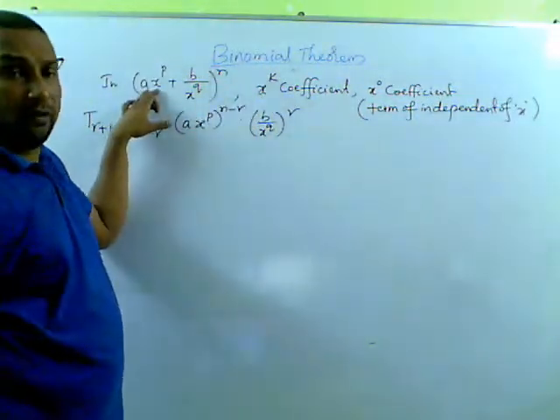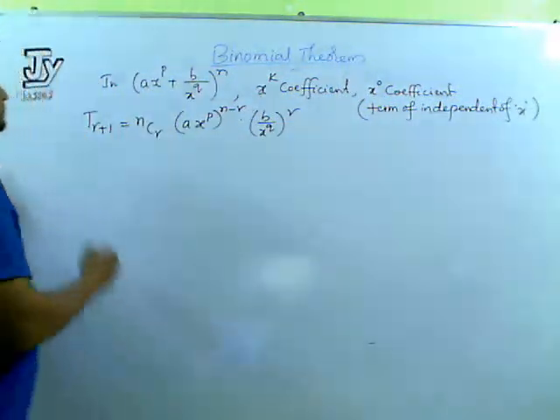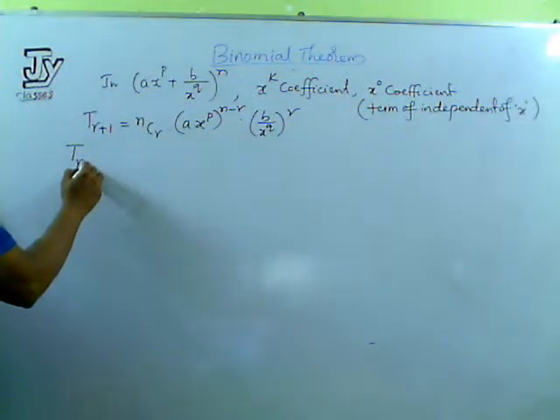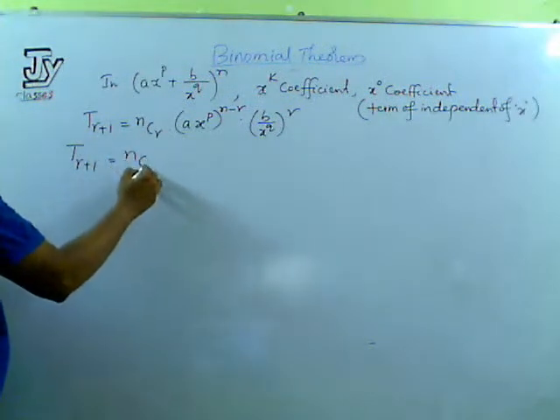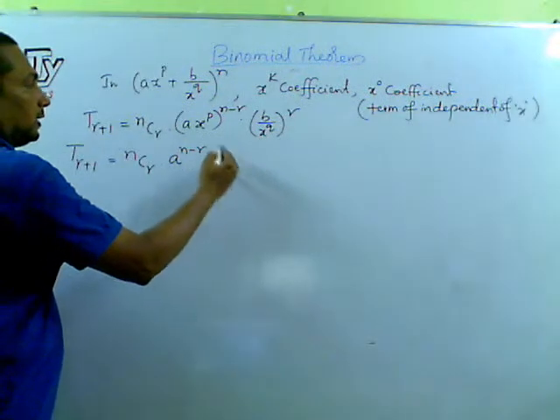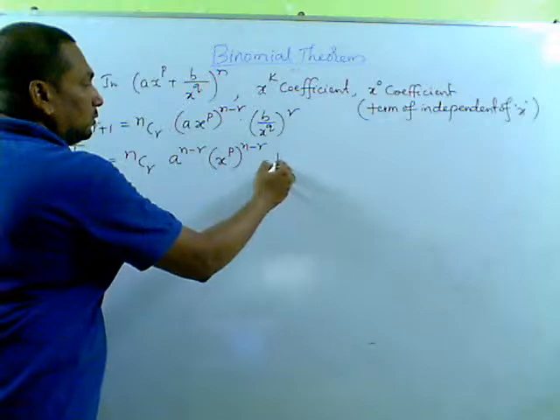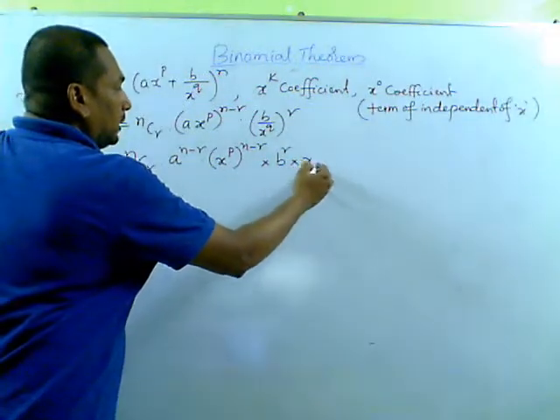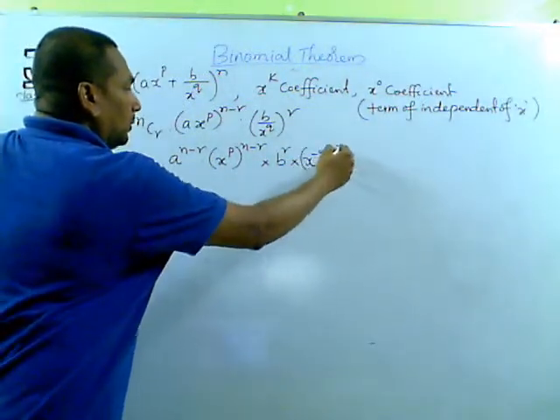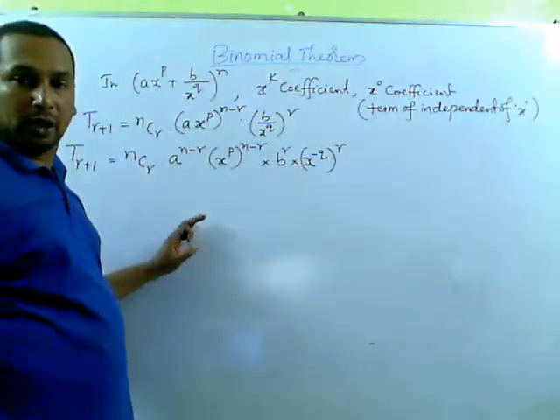In the place of a we have a x^p, in the place of b, b by x^q. So T(r+1) is equal to nCr into a^(n-r) into (x^p)^(n-r) into b^r into (x^-q)^r, because it is (1/x^q)^r.